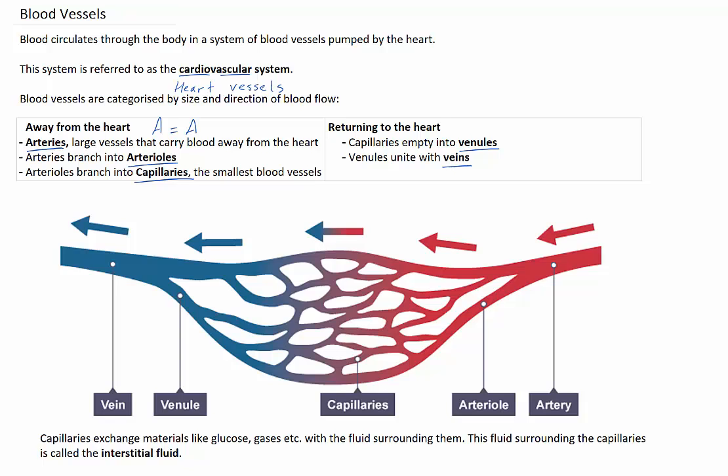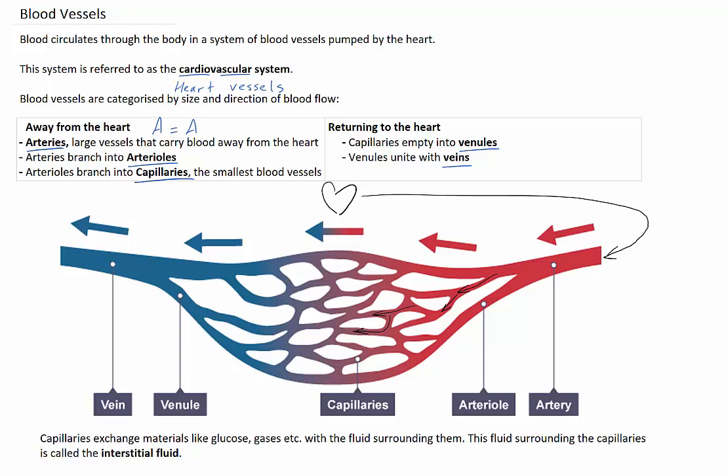So this diagram illustrates this vessel system. If this is the heart up here, you have oxygen-rich blood leaving the heart into arteries, the largest of the vessels, which then branch off into arterioles, which are more numerous but also smaller in diameter. The blood flowing through arterioles then branches off into smaller and more numerous capillaries.